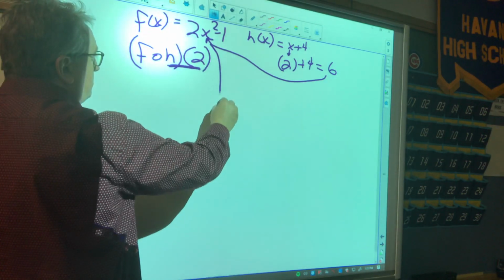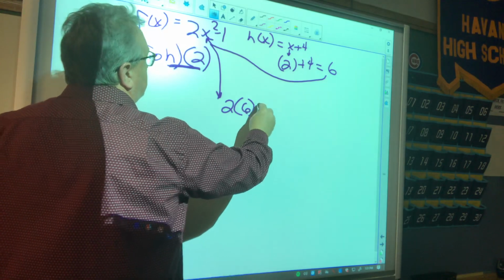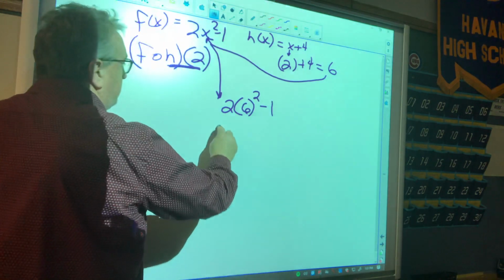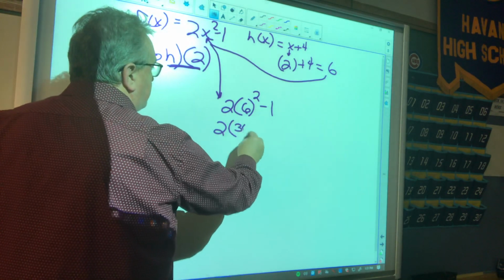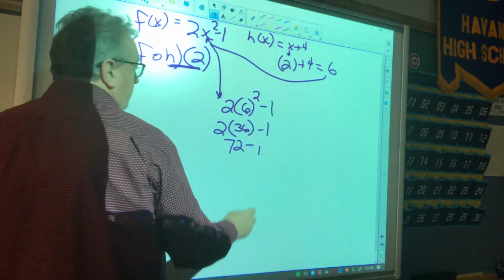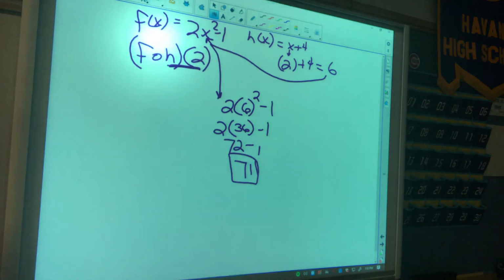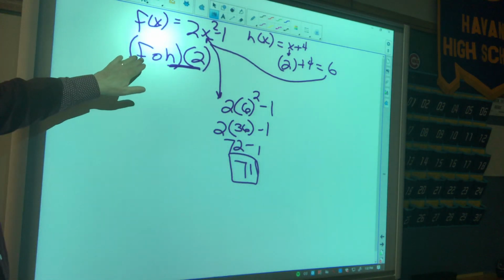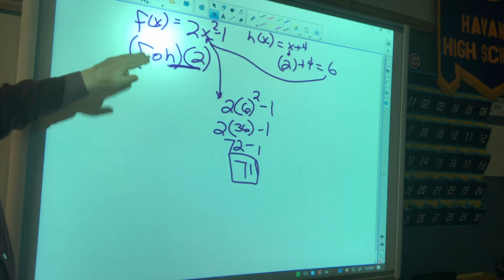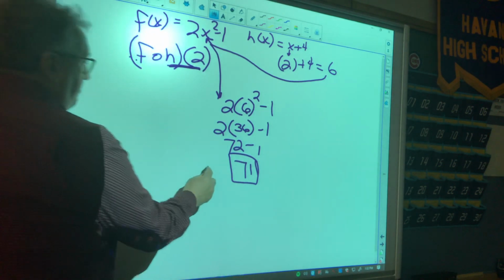So we have 2 times 6 squared minus 1, 2 times 36. So we have 72 minus 1, 71. So the f of h of 2 is 71.